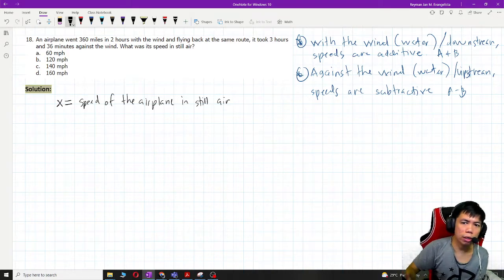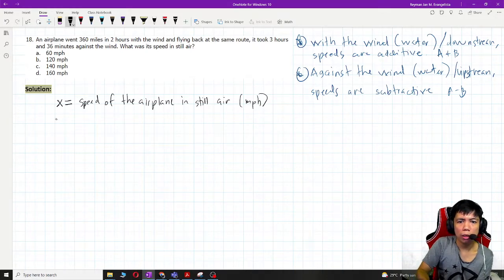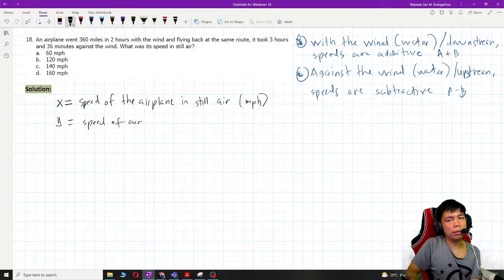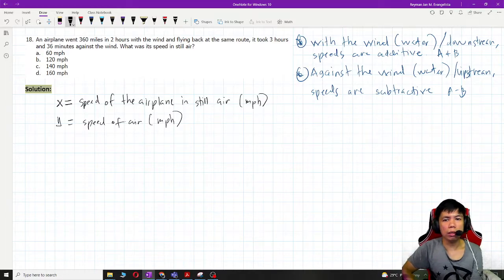The unit must be in miles per hour, so mph. Then let's say y naman is the speed of air, again in miles per hour.